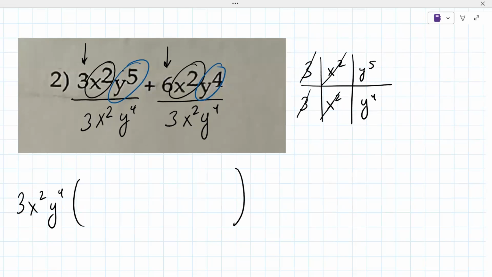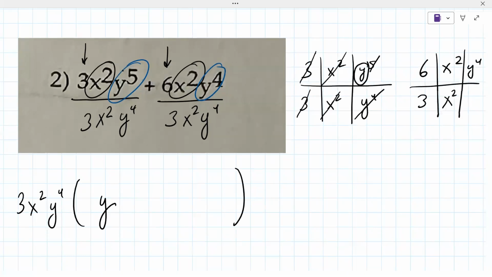You see that? Okay. So you do the same thing for the other one. It's okay to build this table. 6x squared y to the 4th divided by 3x squared. That makes 2. So this becomes y plus 2.